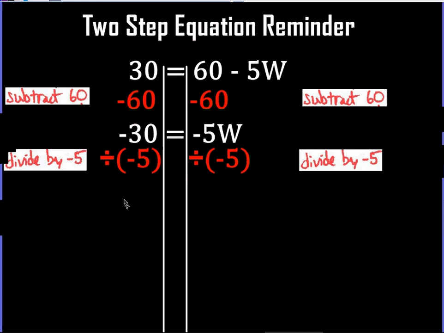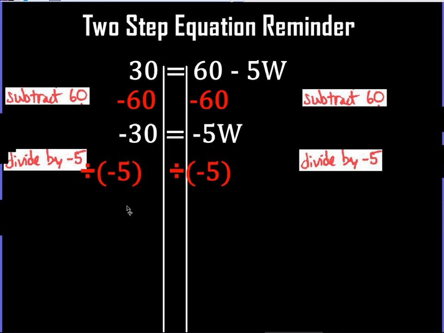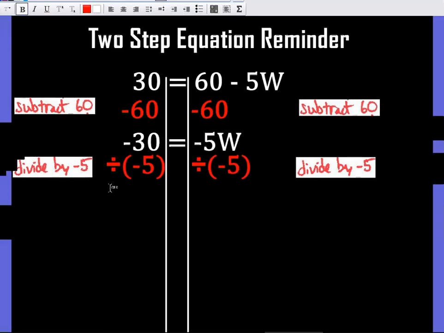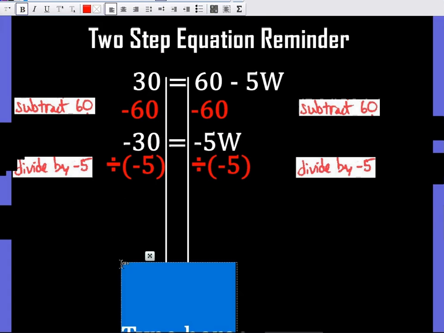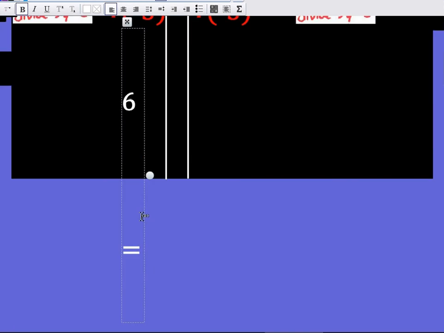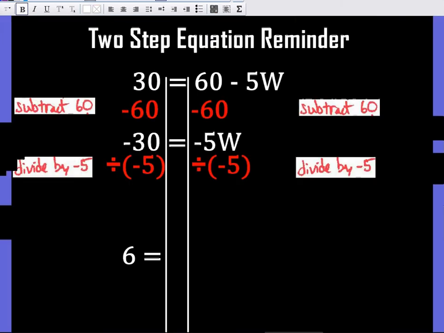Now on the left side, what should I be left with? Since they have the same sign, it's going to be positive, and then it's going to be 6. Of course I'm making mistakes, but it's all good.